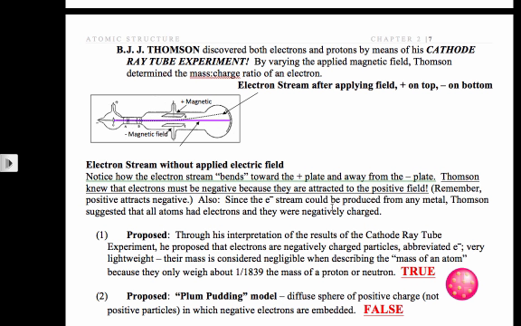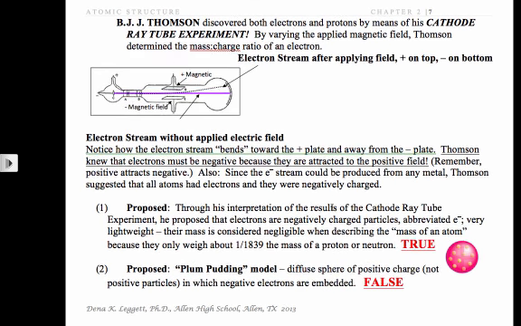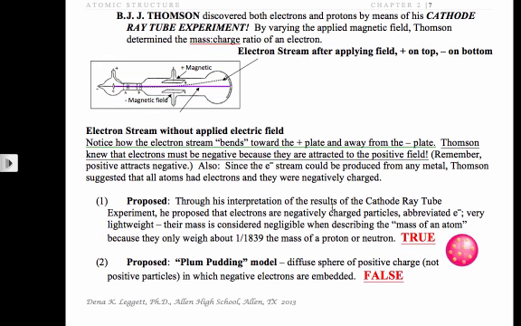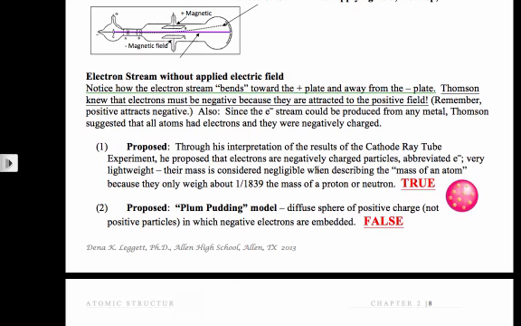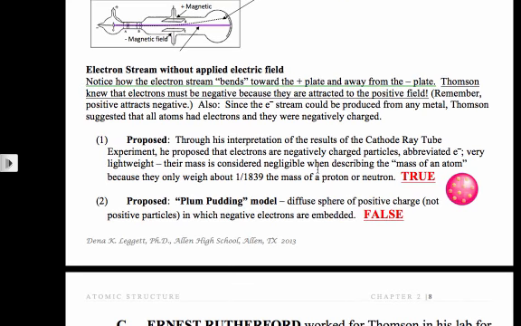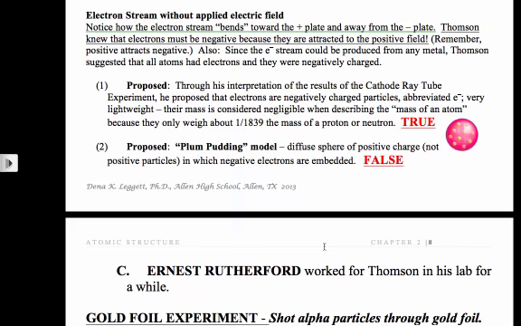Much like what we'll talk about later on when we talk about photoelectron spectroscopy, electrons were attracted to the positive plate. If you look up here at my cursor, right here, you have a positive plate and electrons were attracted to that. So he came up with a true proposal, and then he drew a model which turned out to be false.